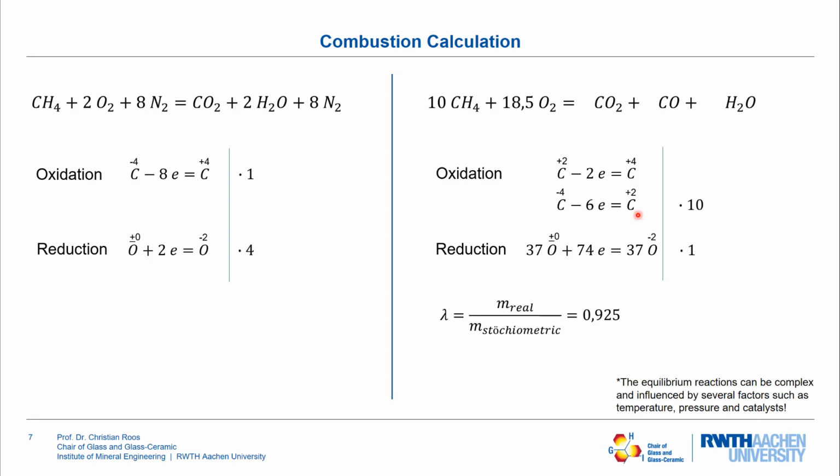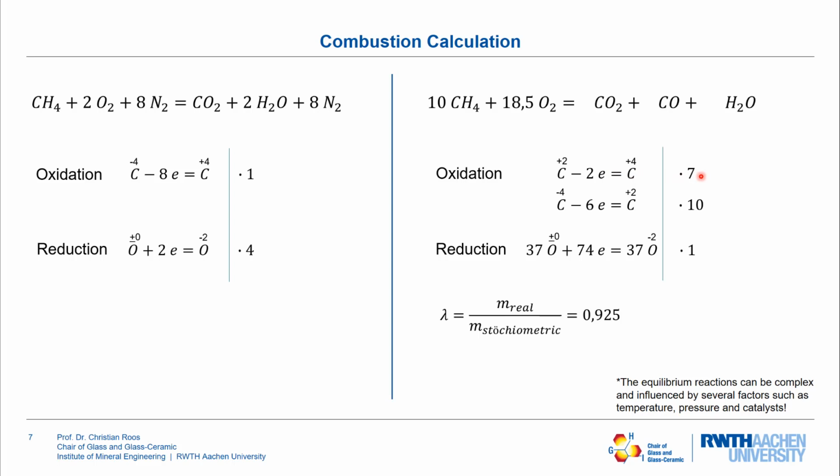Now, these 14 electrons can be used to combust the carbon monoxide further to CO2. The question now is, how many molecules of carbon monoxide can we convert to carbon dioxide with these 14 electrons left? And certainly the number is 7. So we end up with an additional 7 molecules of CO2.